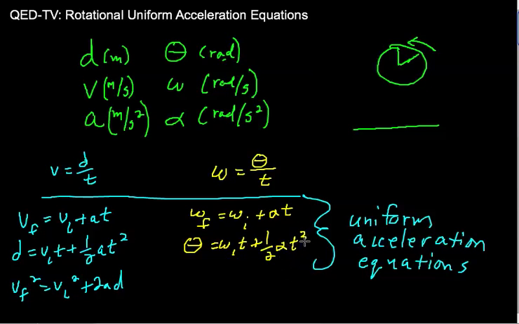Or I could have my final angular velocity squared equals my initial angular velocity squared plus 2 times angular acceleration times the angular displacement.